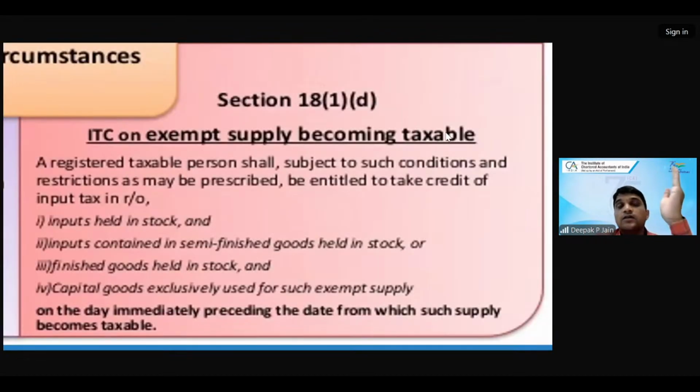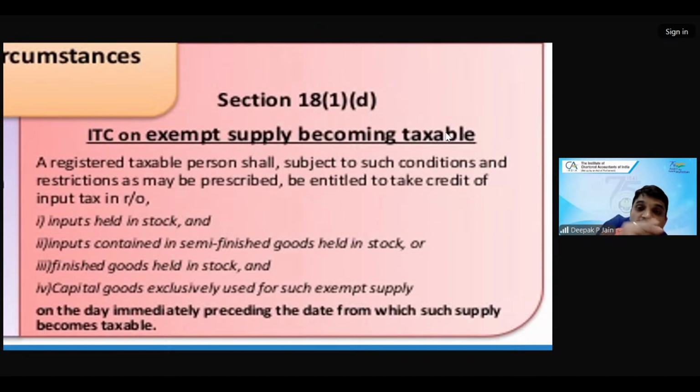When you are registered, but you are dealing in exempted goods till now, and now that exempt goods have become taxable. In that case, you will get benefits of inputs in stock, semi-finished goods, finished goods, and here also capital goods which were exclusively used for such exempt supply.